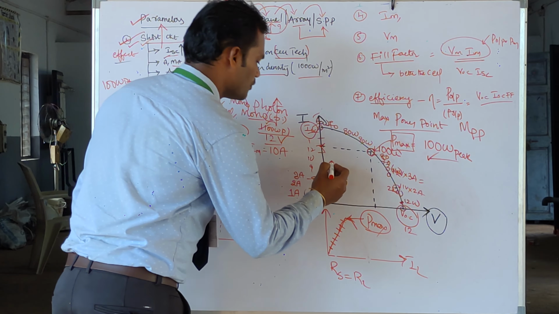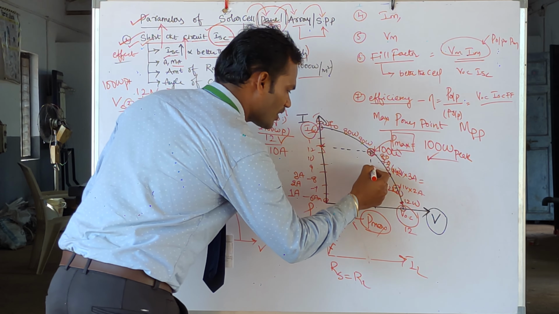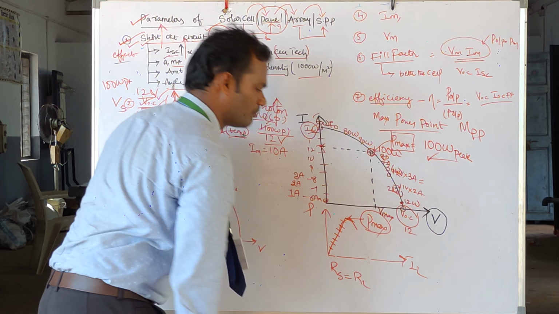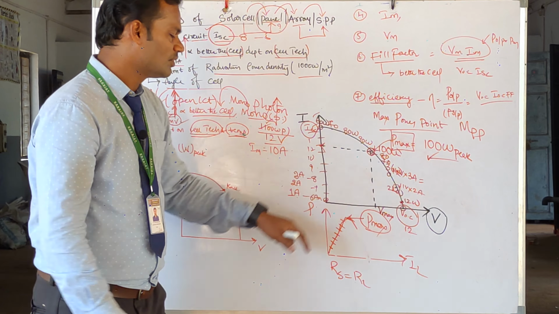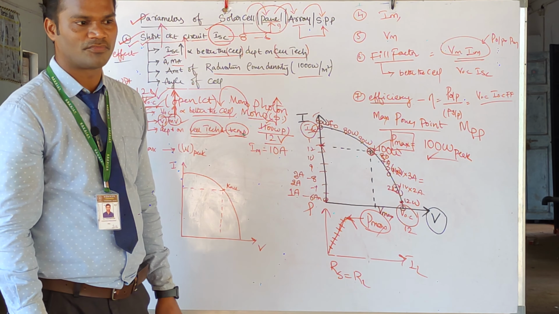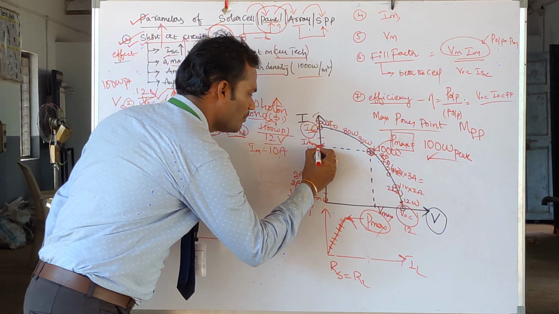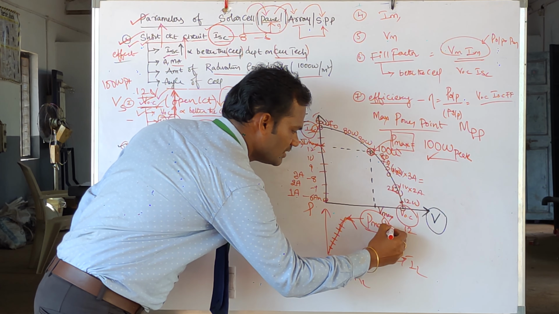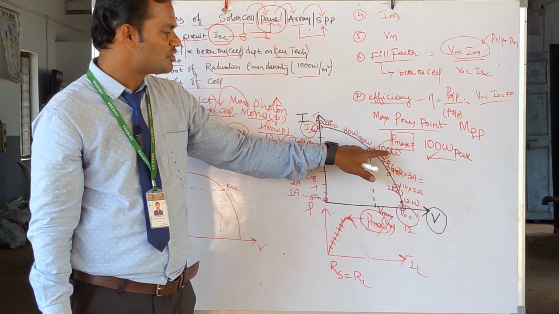Next, you see here, I already told you this is VOC, and when I get this P maximum, try to draw a vertical line. On this vertical line I am going to get a value which is called V maximum. This is VOC, this is V maximum. Similarly, at this P maximum, you try to draw a horizontal line. When you draw the horizontal line, you are going to get a current which is called I maximum, indicated as IM, and this is indicated as VM, where VM is nothing but the maximum value of voltage at which point?